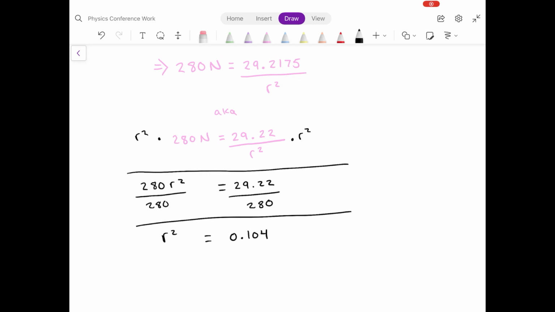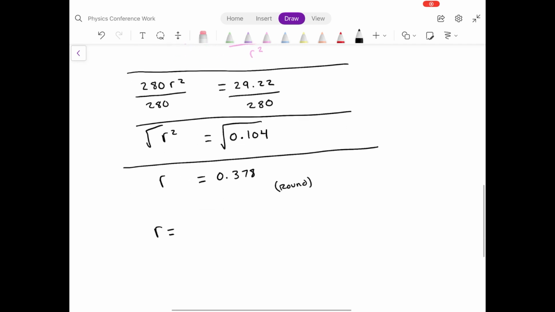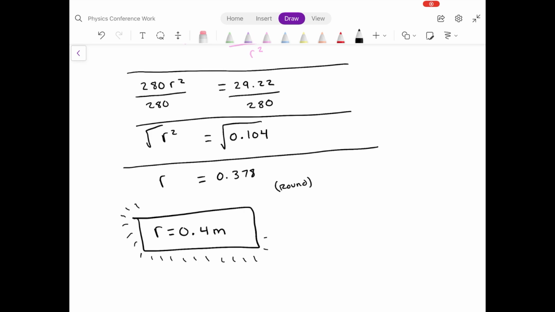Now, to find just the value of R, not R squared, we have to square root each side. So this gives us R is equal to 0.378, which can be rounded up to give us the value that R equals 0.4 meters. And this, my friends, is the final answer.